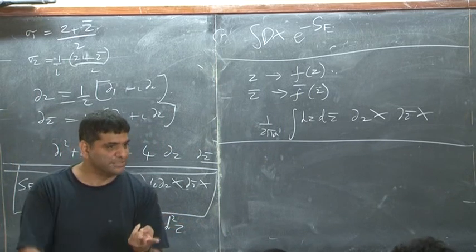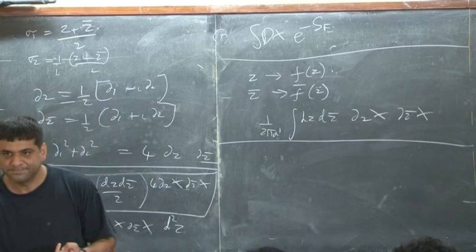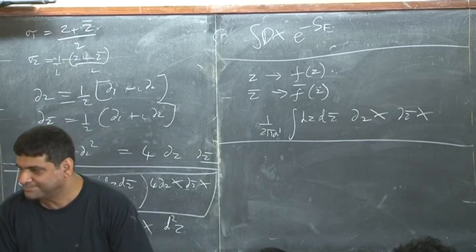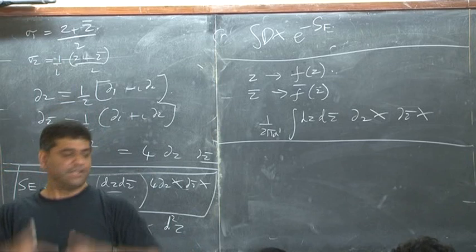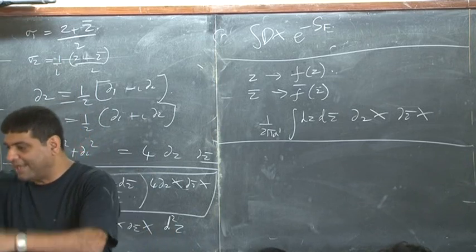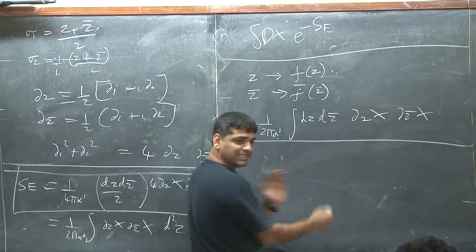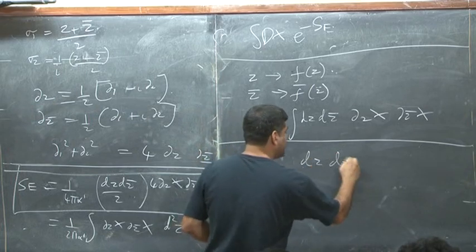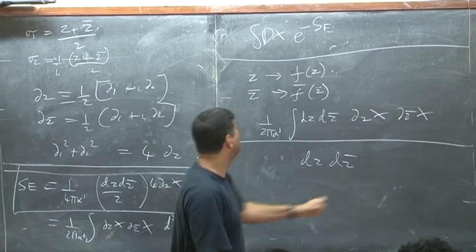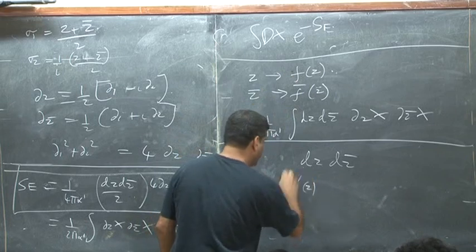So any diffeomorphism whose effect on the metric is a Weyl transformation will necessarily be a symmetry of this theory. Because the diffeomorphism changes the metric, but only by a Weyl transformation, which can be undone by Weyl invariance. And just as in the Lorentzian theory, the metric dz dz bar is obviously changed only by a Weyl factor by such coordinate changes. The Weyl factor being f prime of z squared.